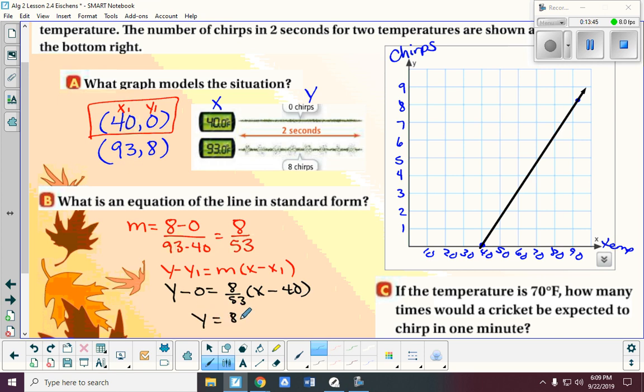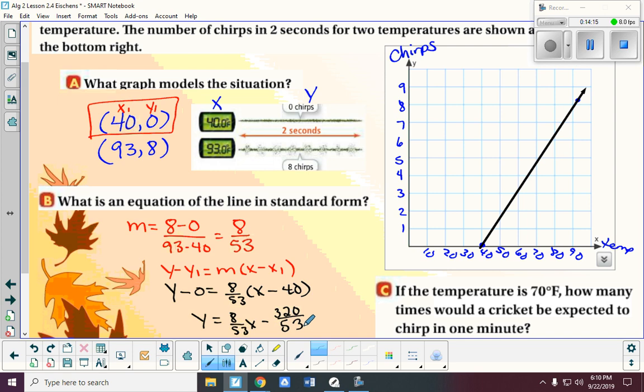So that would be 8 over 53x, and I'm going to grab my calculator for this one. Eight over 53 times 40 would be 320 over 53. And there's the equation of our line.